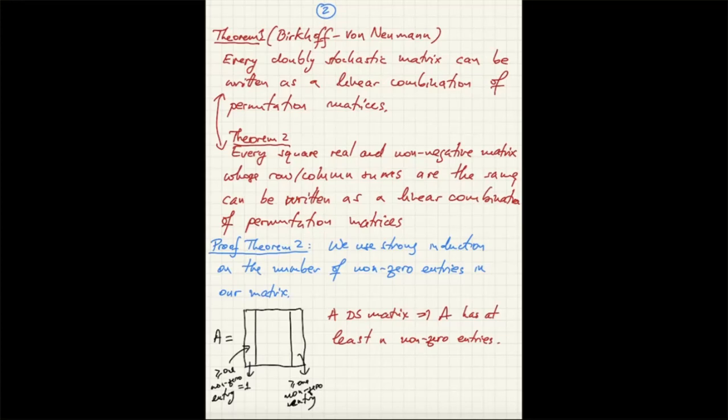Now, when do you get equality? Well, you get equality if you have in each column exactly one non-zero entry. So that means that that non-zero entry must be a 1. And in order for A to be doubly stochastic, those ones have to be in different rows as well. Therefore, A must be a permutation matrix. Okay, so this simple observation allows us to start the base case.